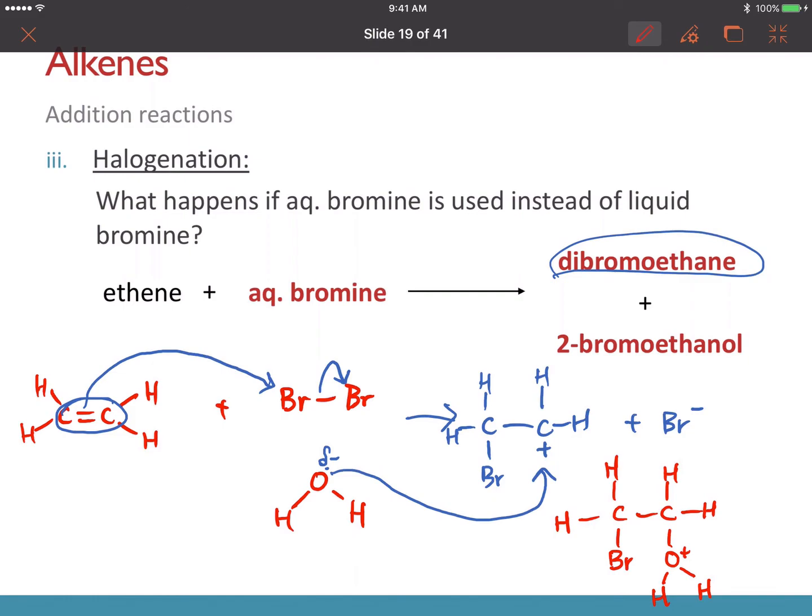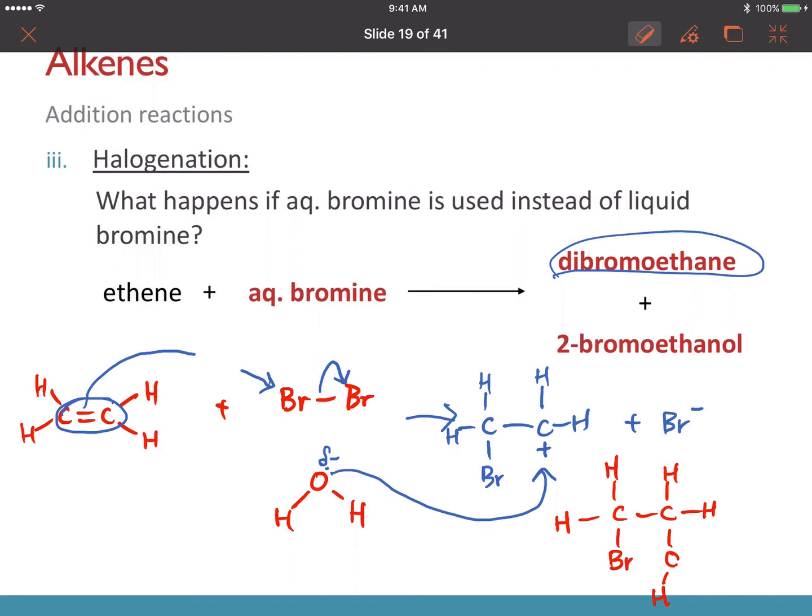You'll notice that this oxygen has too many bonds, which is not possible. So it will lose one hydrogen to give us the alcohol group instead. Again, you do not need to know how this mechanism works.